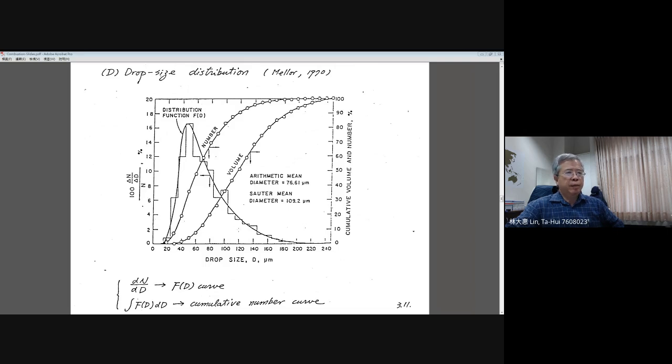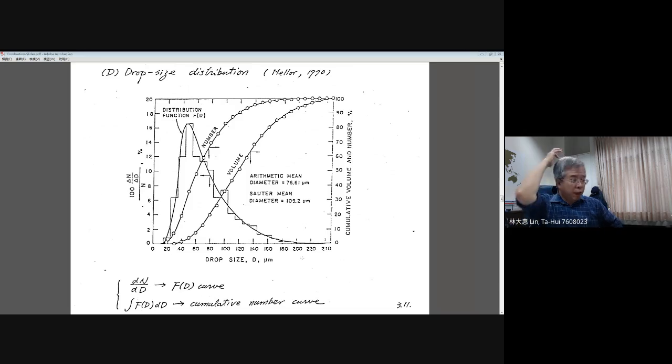And if you think about 100 microns, then the rate is just 6%. Those data can be calculated or counted from your measurement systems, and then they give you the distribution function.